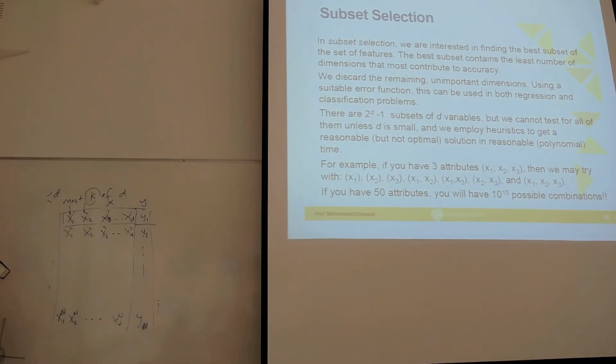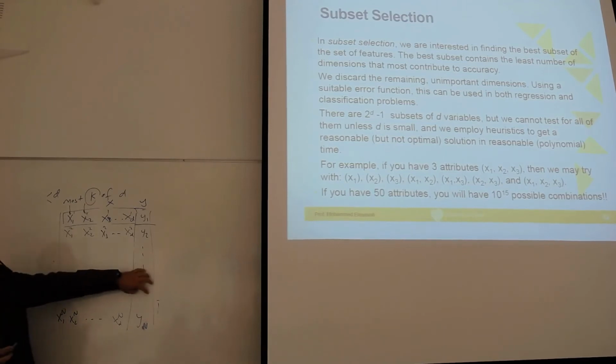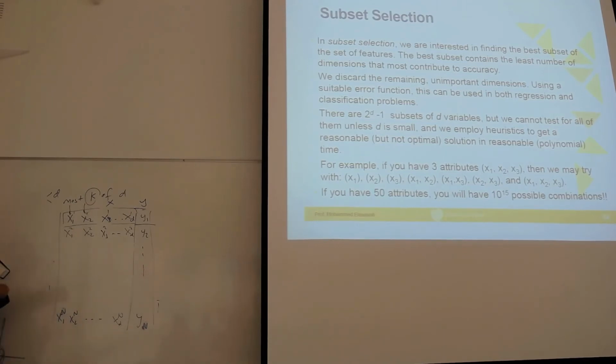This method is based on this procedure. First, we make the learning, the classification or the regression, of the data and the output. We complete with all the data that we have. For example, we have N data.